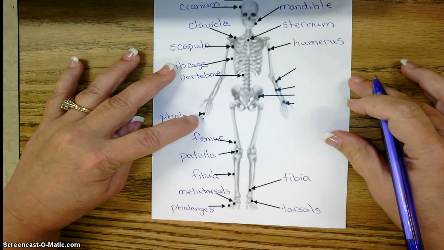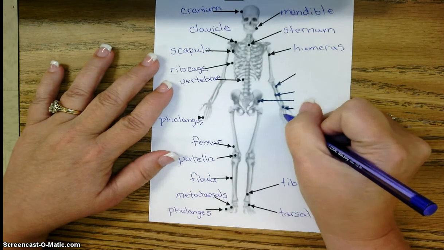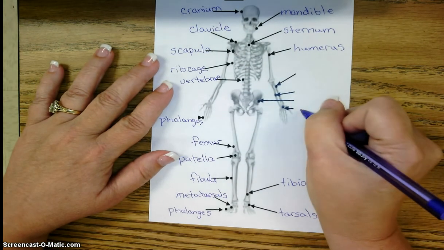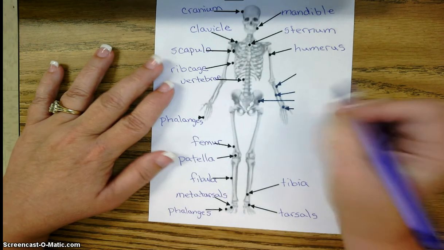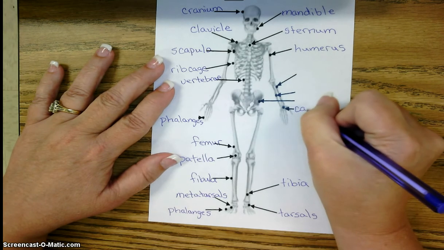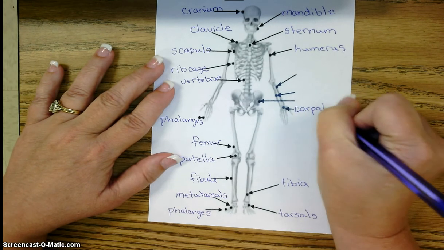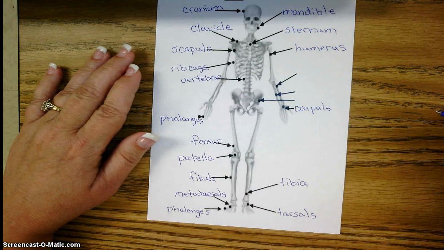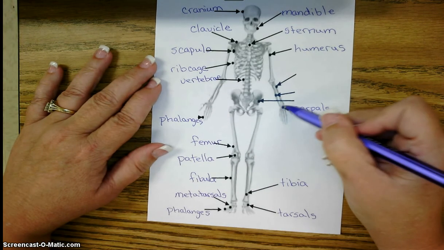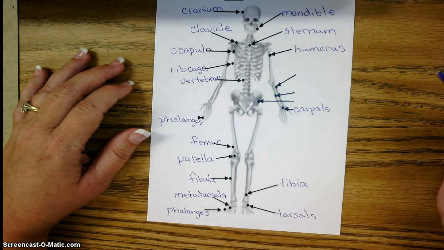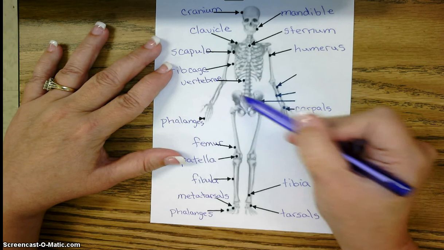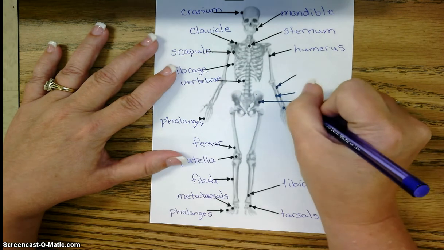Your fingers are called phalanges, and then further up you have metacarpals, but we're only going to label the wrist bones, which are carpals. If you've ever heard of someone having carpal tunnel syndrome surgery, that's because the bones here are infringing on the nerve. Your hip bone or your pelvis.